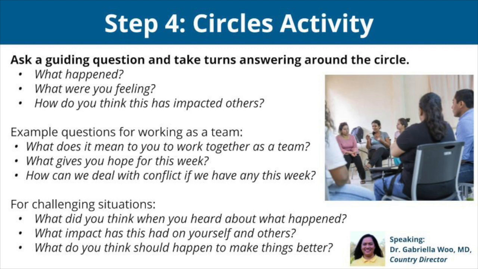And the third question is, what do you think should happen to make things better? This type of question is the one that can take the problem into a solution, or the conflict into restorative practice.